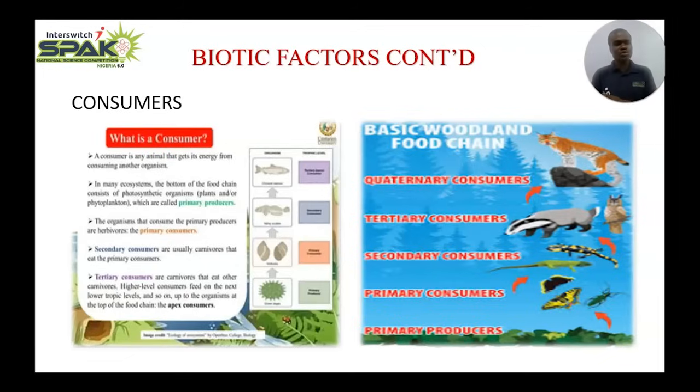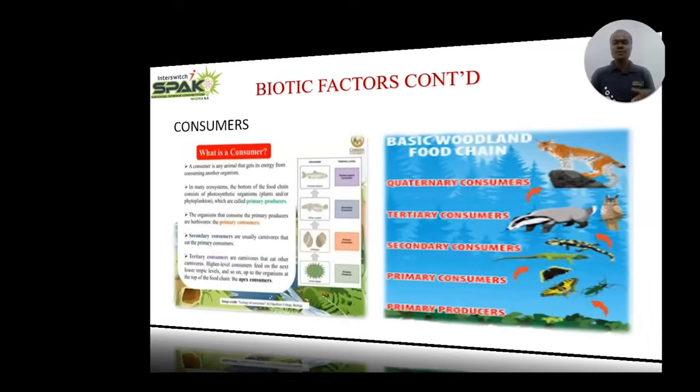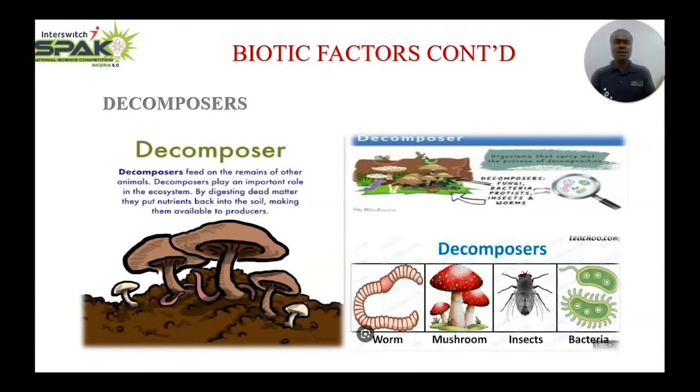And we have tertiary consumers, which you find at the apex of the food chain, that feed on the secondary consumers. Then we have decomposers, those that break down the bodies of the dead, decaying organic matter.